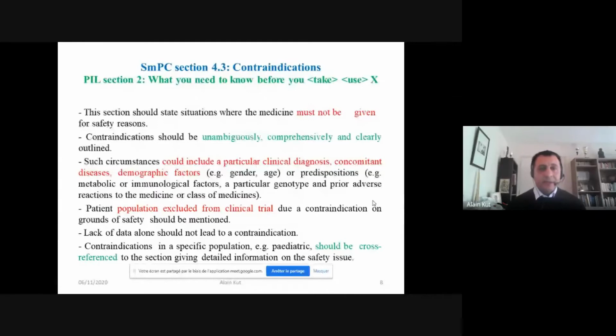In such circumstances, that could include a particular diagnosis or concomitant disease or demographic factors, or predispositions, such as immunological factors, or a particular genotype. An important point to mention is that population excluded from clinical trial for safety reasons should be mentioned here. That's a very important point.